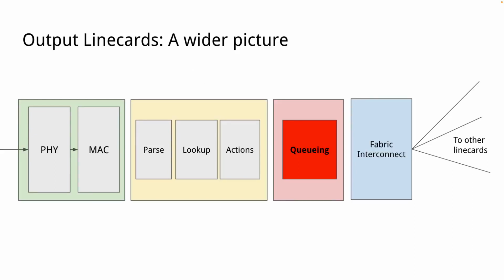Okay, so we've done some lookups, and we now know what port something should go out of. That's great. That's the core functionality of a router, right? We said at the start that the point of the router is to look up a packet and forward it based on the destination. But that's not all a router does, and these systems are increasingly complex based on the more functionality you put in them.